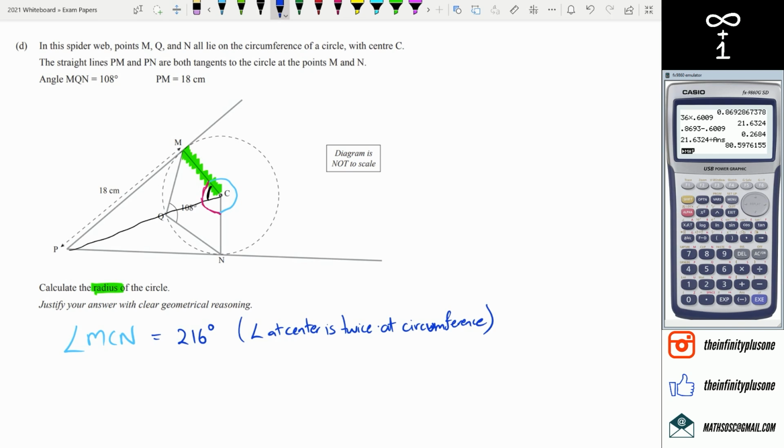Then we've got the pink angle, which is going to be angle MCN, the inside of it, which is equal to 360 minus 216, which equals 144, and that's because it's angles at a point.